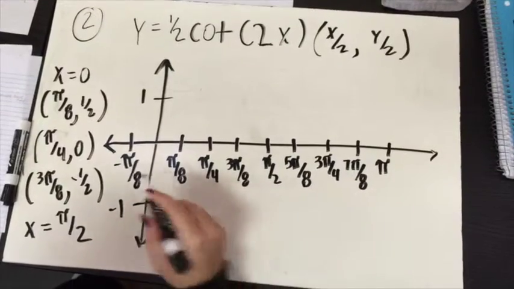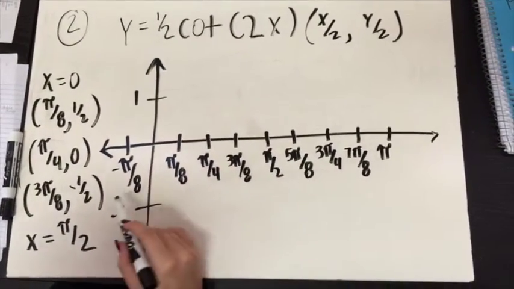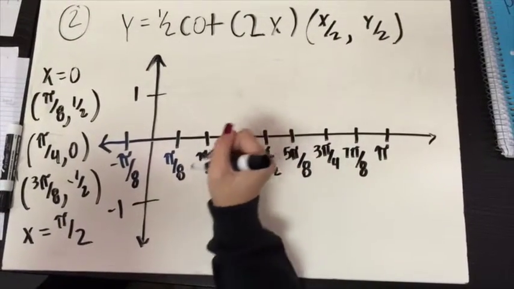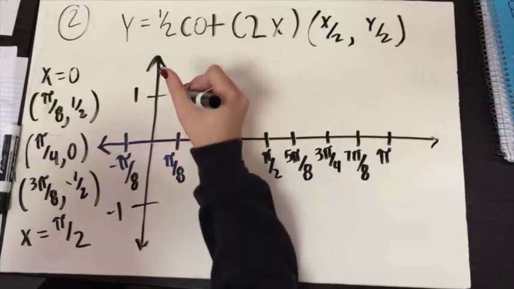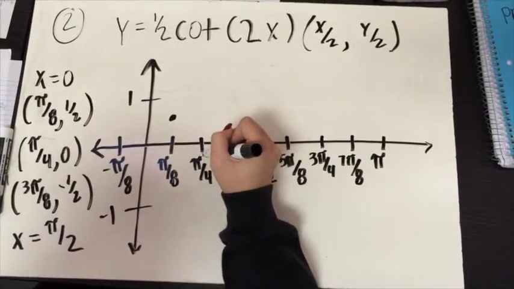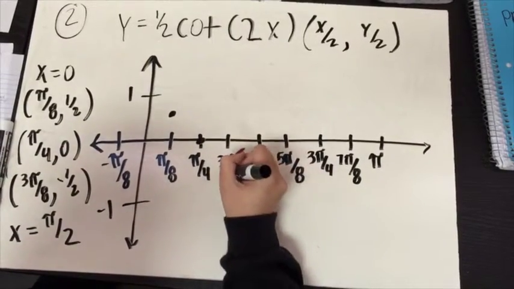So now we're going to graph the points that we just found, and we went by pi over 8. So our first point is pi over 8, 1/2, which is there. Pi over 4, 0. 3 pi over 8, 1/2.